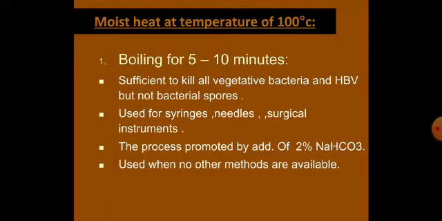But this method is not commonly used. Only use this method if no other method is available. If no other method is present, we can use boiling for 10 minutes in hot water at 100 degrees.